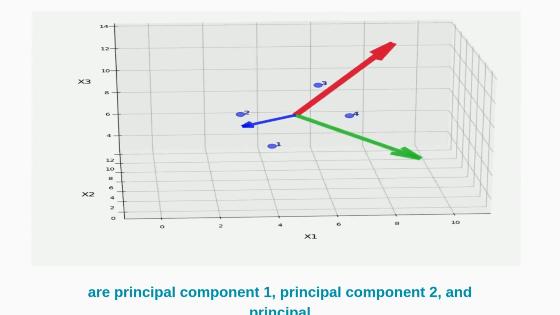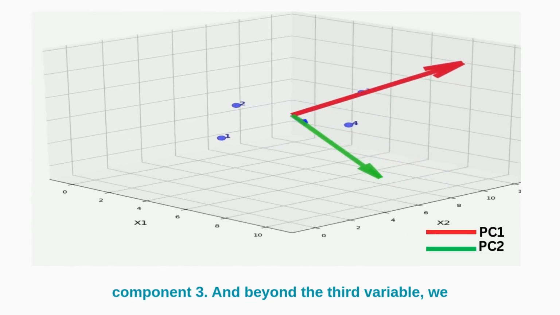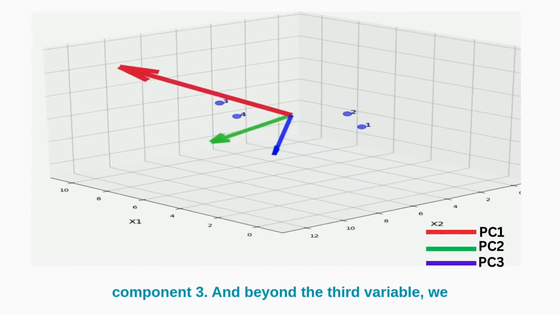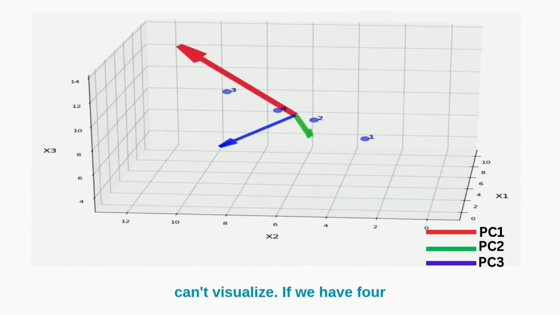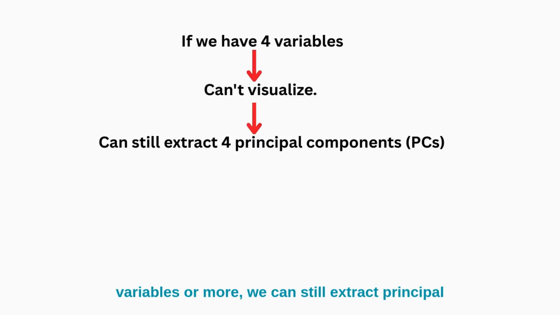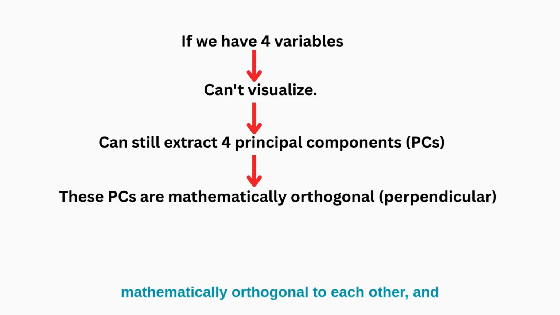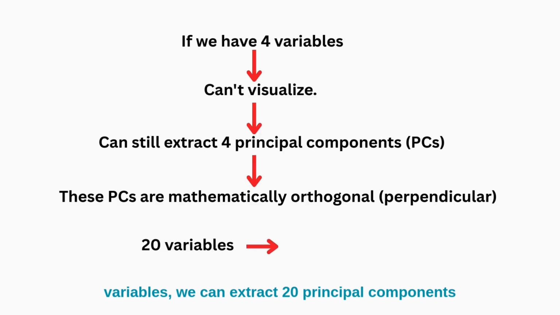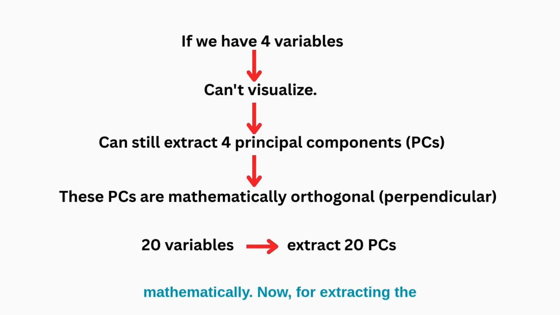These are principal component 1, principal component 2, and principal component 3. Beyond the third variable, we can't visualize. If we have 4 variables or more, we can still extract principal components, and principal components are mathematically orthogonal to each other and capture a portion of the variance in the data. In this way, if we have 20 variables, we can extract 20 principal components mathematically.